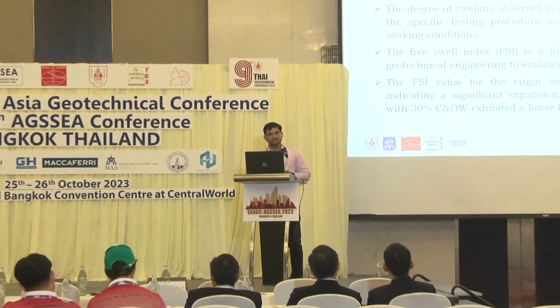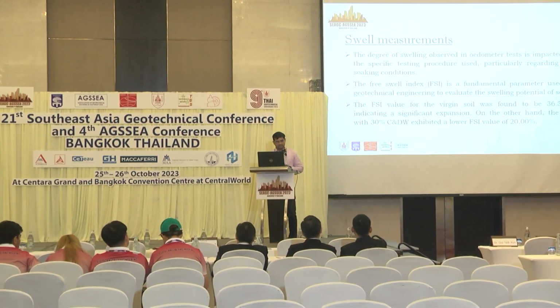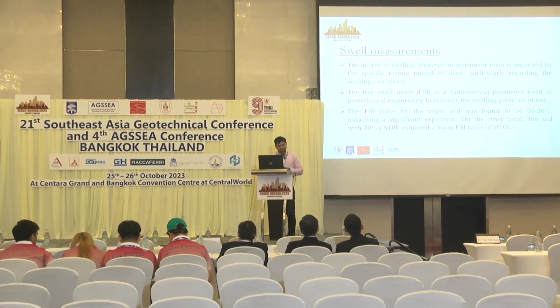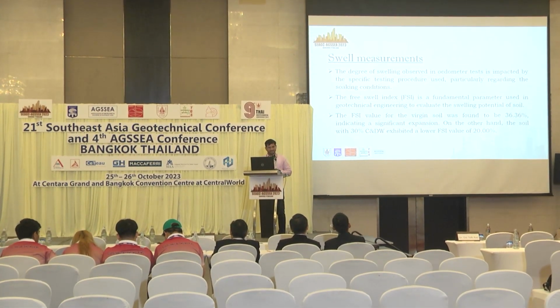I also carried out the triaxial test. From both the compaction and triaxial tests, I get the optimum dose of construction and demolition waste as 30%. So, I compare the contaminated soil with the C&D waste against the virgin soil.